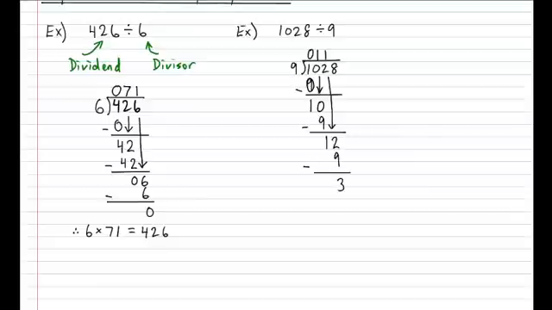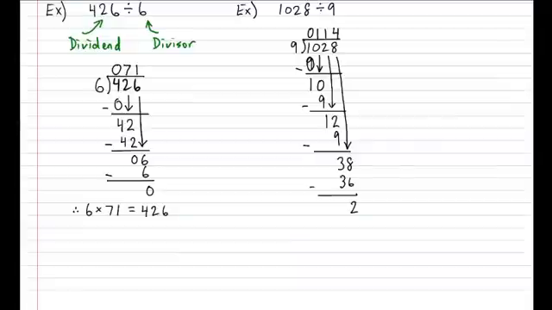That leaves 3. And then finally take down the 8. And 9 goes into 38 only 4 times. So 36, and do the final subtraction, and it leaves a 2. You know you've finished because you've taken down every number in your dividend.